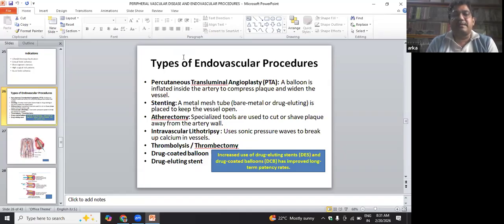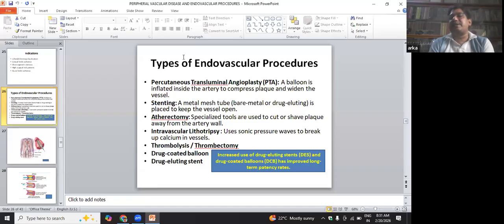open. Next is atherectomy. Specialized tools are used to cut or shave plaques away from the artery wall. Intravascular lithotripsy uses sonic pressure waves to break up calcium in vessels. There may be thrombolysis and thrombectomy.